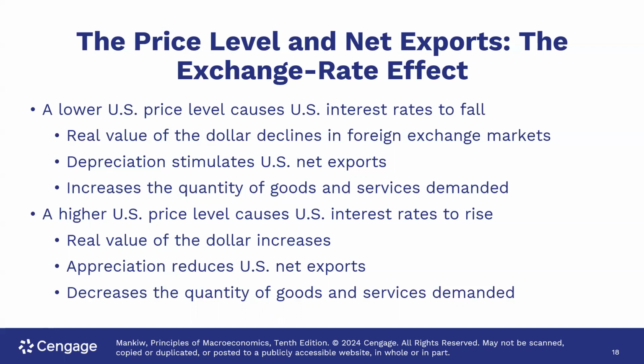So the real value of the dollar will decline in the foreign exchange market because your nominal return becomes lower. It will lead to a depreciation, and then that will stimulate US net export. So when the local currency becomes cheaper, it means that if you use a foreign currency, you can purchase all the goods produced in your country at a cheaper price.